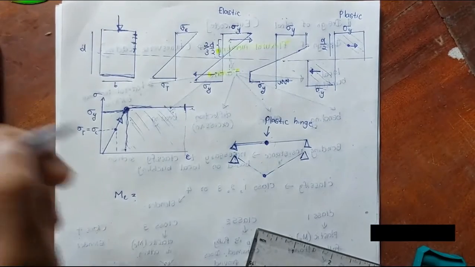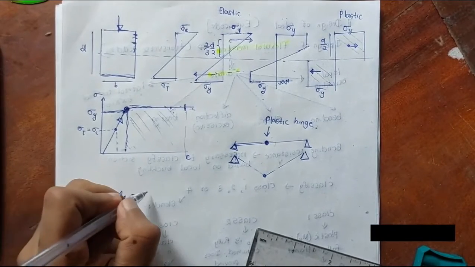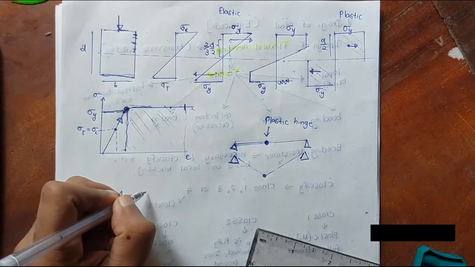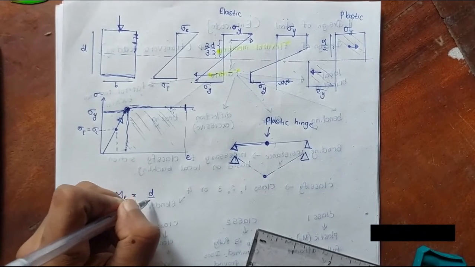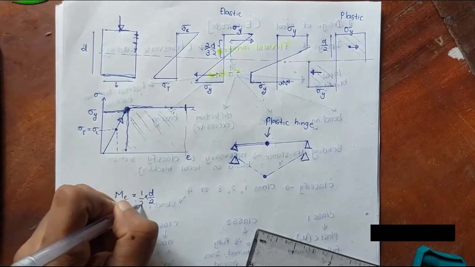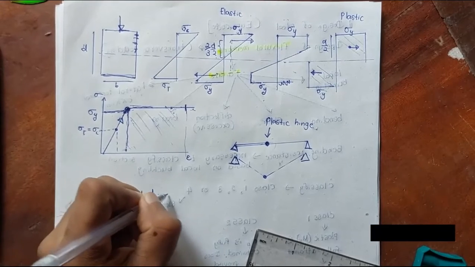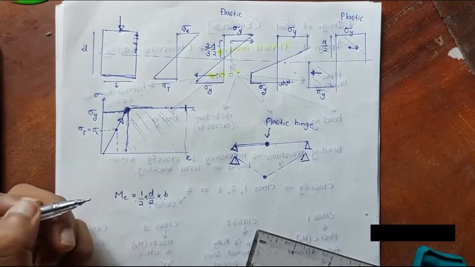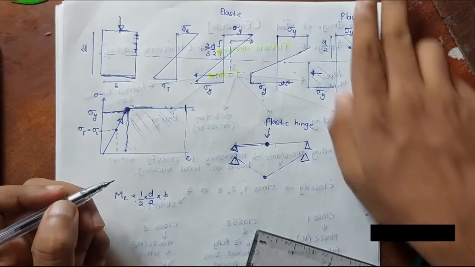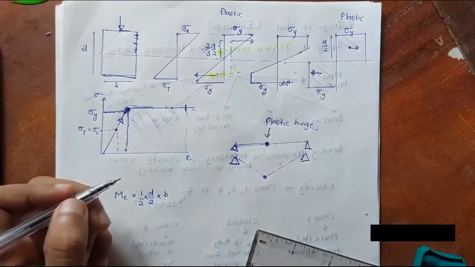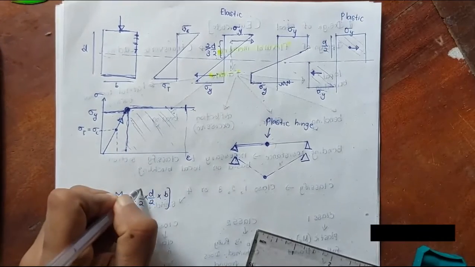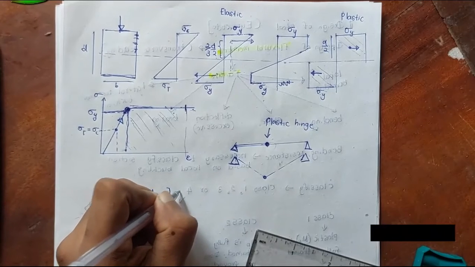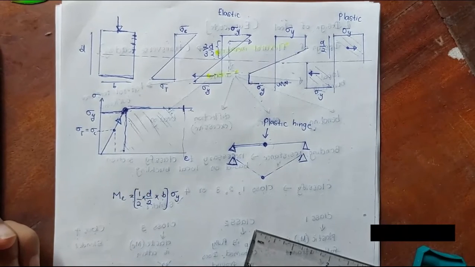Your area is going to be d over 2 into b. So you multiply it by the stress at the elastic limit, sigma y.